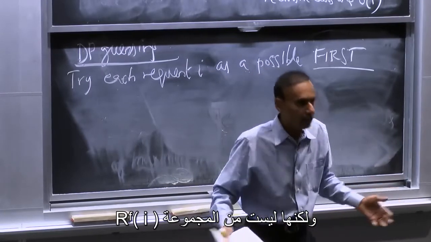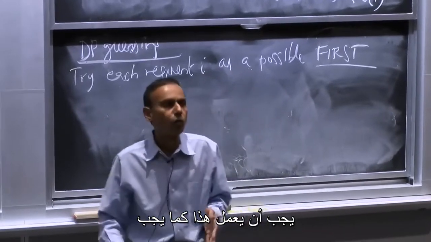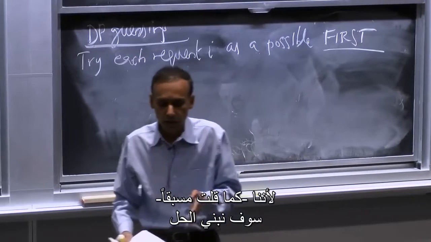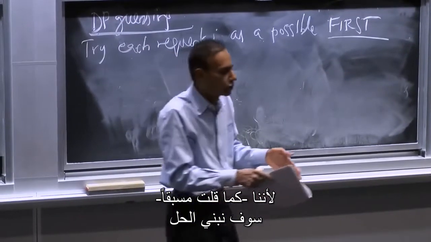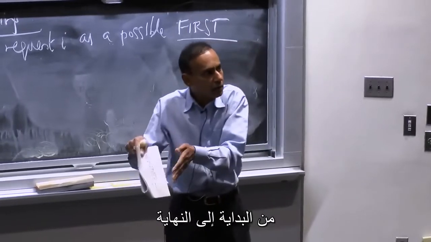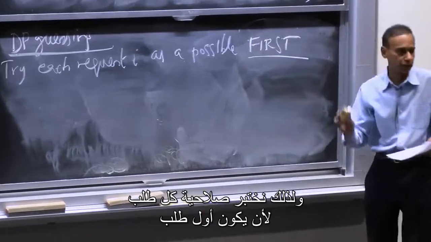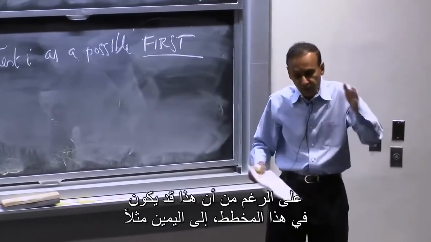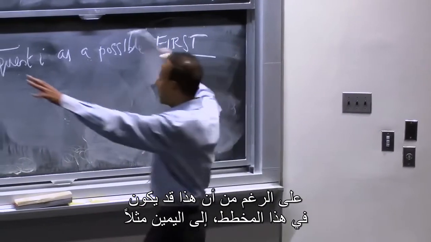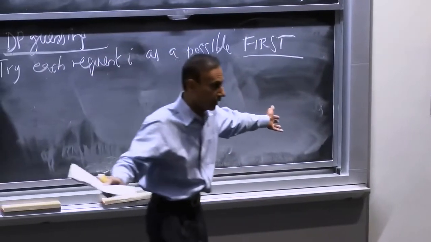And so some of you may be thinking that, well, the reason this is going to work out is because we're going to construct our solution, as I said before, from the beginning to the end. So we're going to try each request as a possible first request. Okay? So even though this request might be in our chart, all the way to the right, it might have a huge weight. Okay?